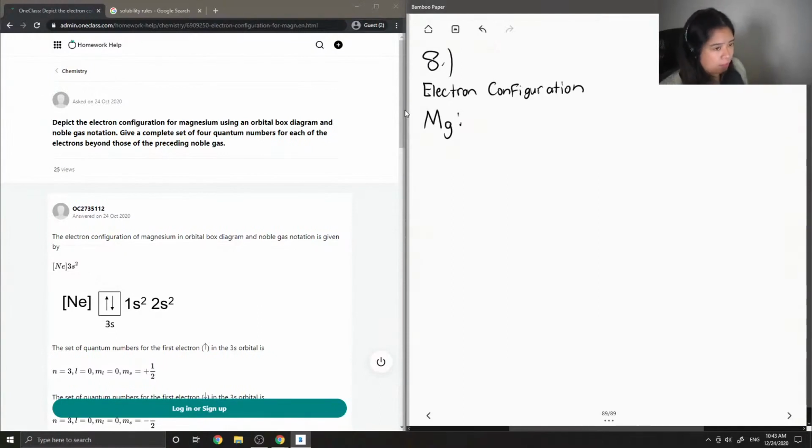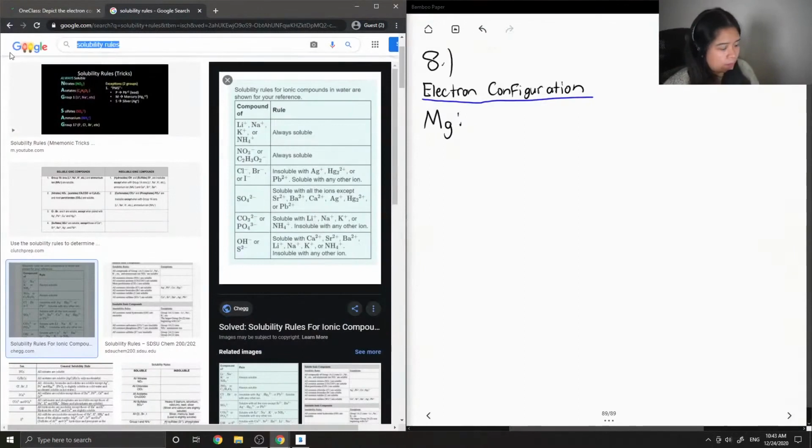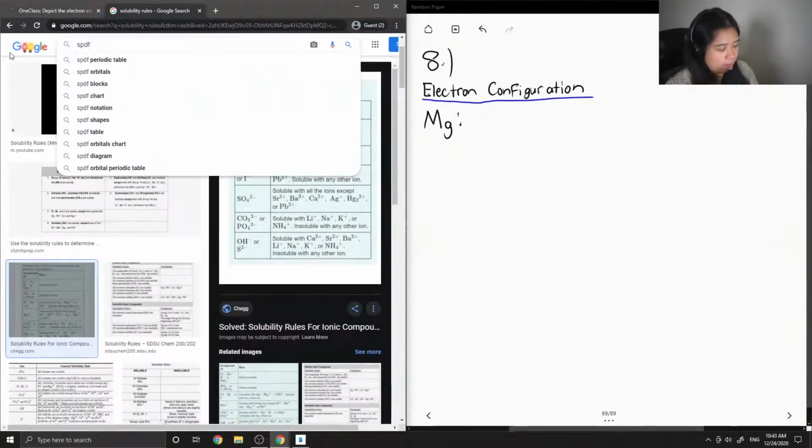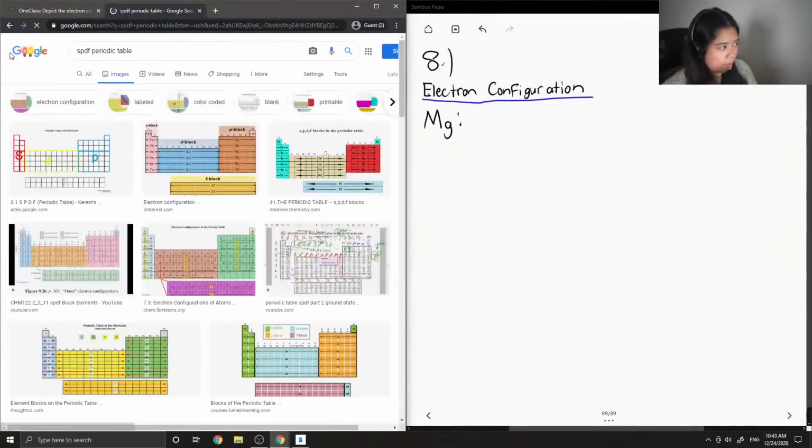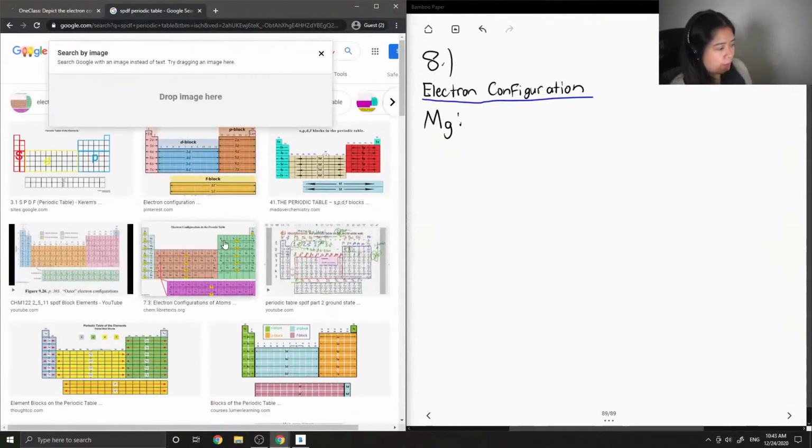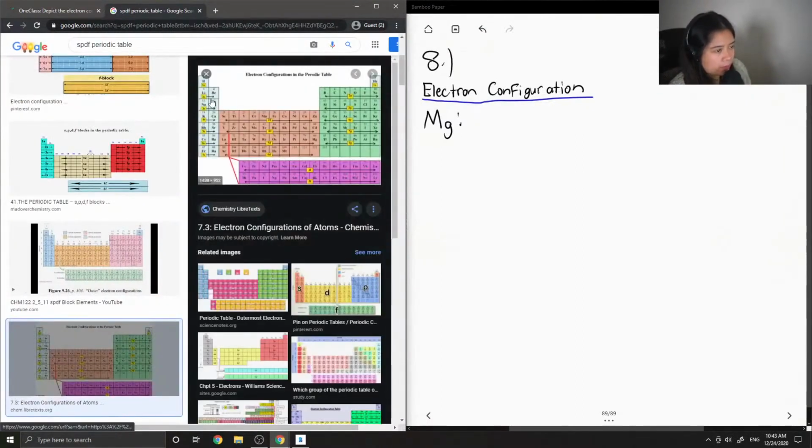Okay, so to do this, we would need to divide our periodic table into different sections that show us the different orbitals. So for example, on the periodic table, the first 2 columns and helium, which is shown in light blue, is the S block.